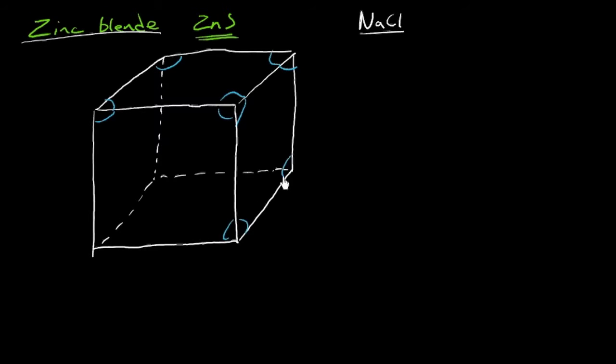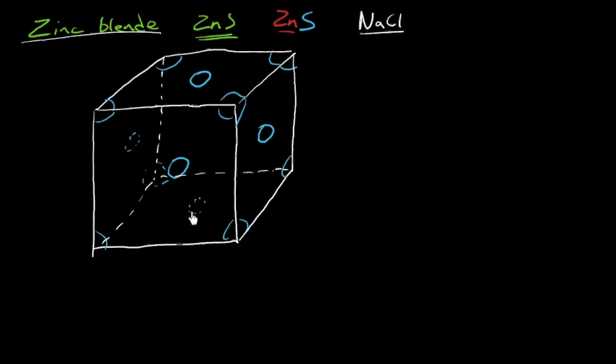So we've got all 8 corners with a sulfur. And then I'm going to make the zinc. I'm going to color code this for you. So we've got sulfur in these corner positions, but then there are also face-centered positions, making this face-centered cubic in positioning.